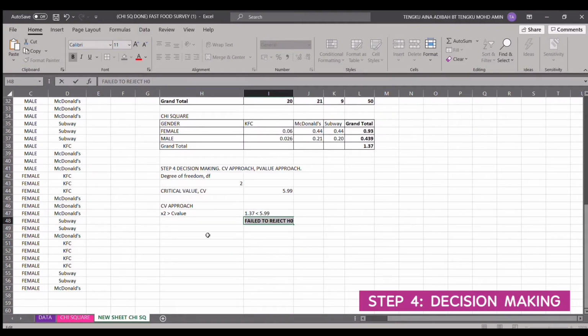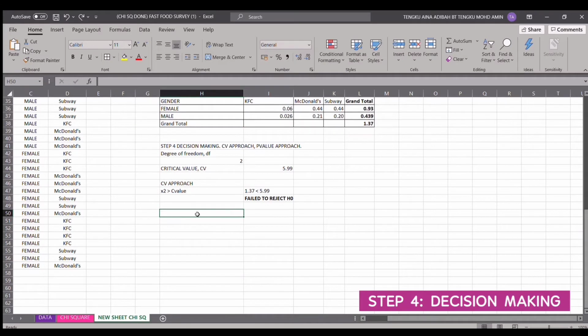However, we need to find the p-value approach before moving to the conclusion. So moving on to the p-value approach. Right now we don't have a p-value directly given to us.